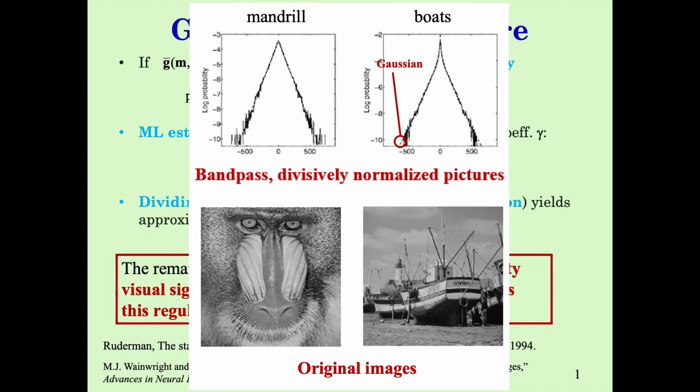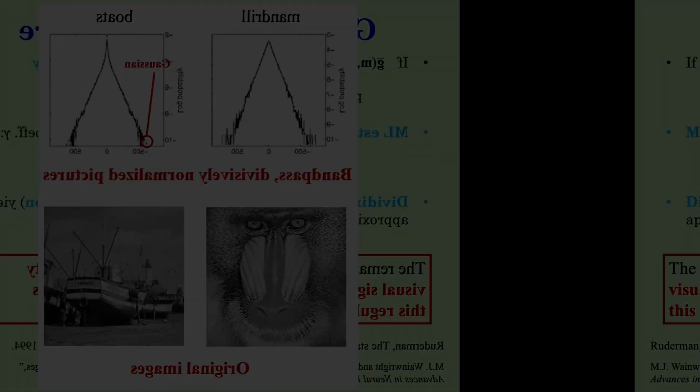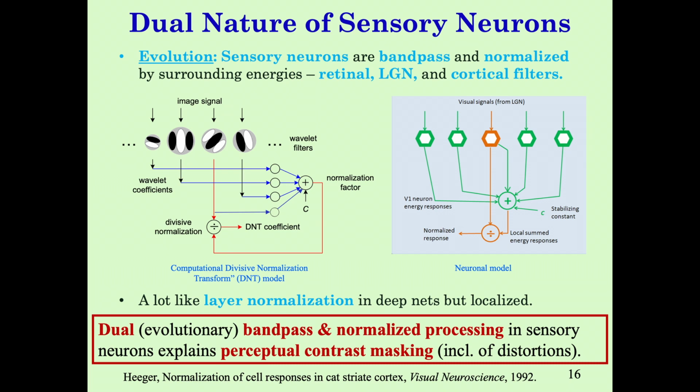Okay, let's go back to what happens inside the neurophysiological system, the neurosensory system. Visual neurons and other neurons in our hearing and our sense of touch, they all undergo a process of normalization of their outputs. A well-accepted model is that the output of a neuron, which we can model as just a bandpass filter, is divided by the energies of neighboring neurons that are added up.